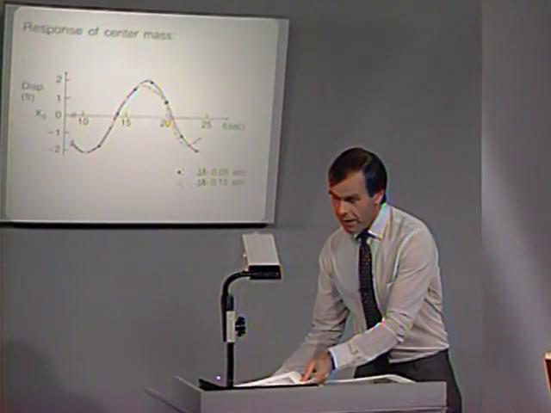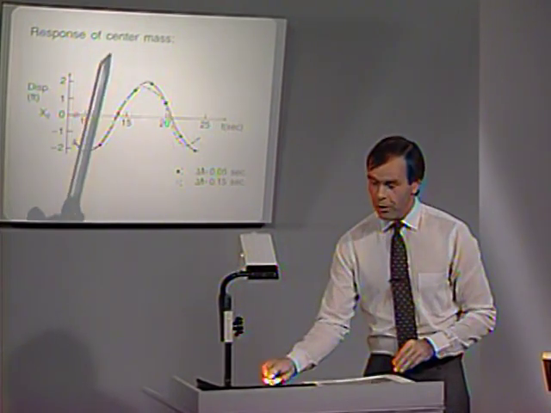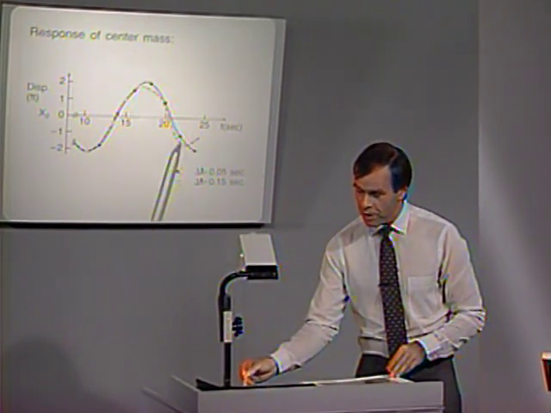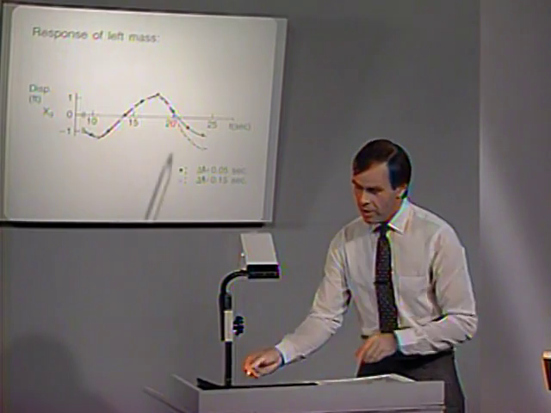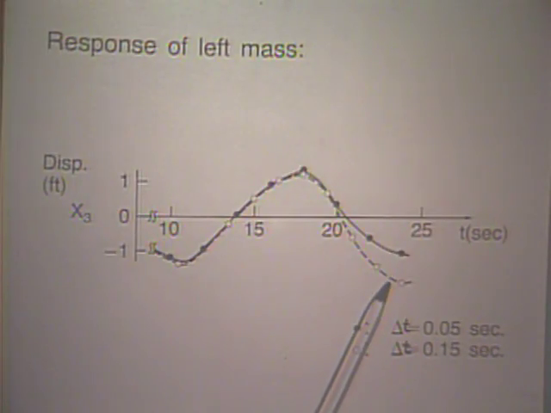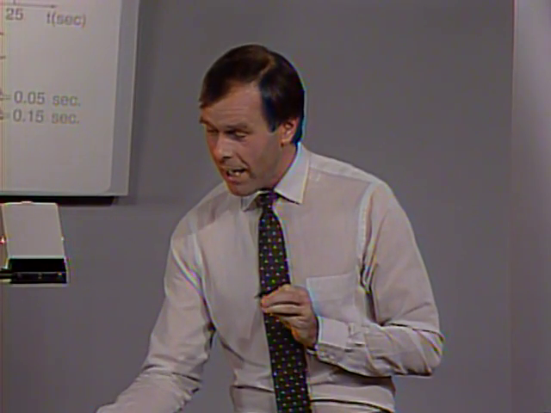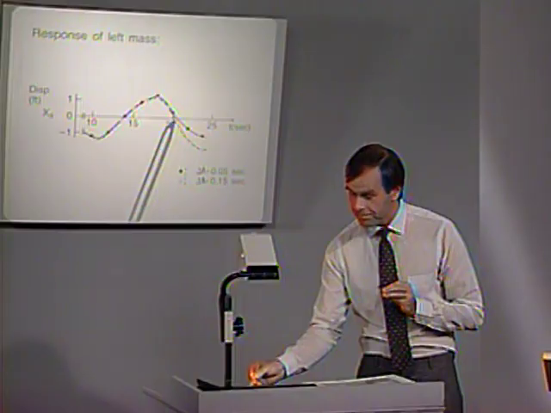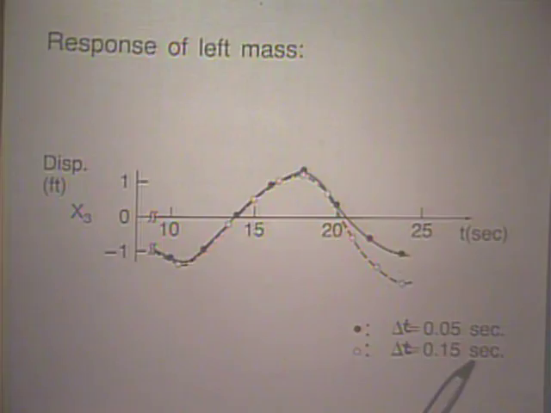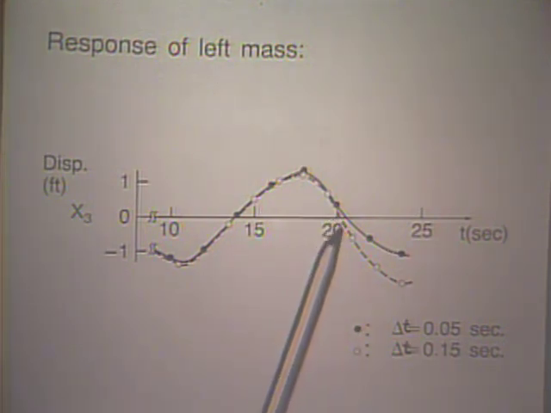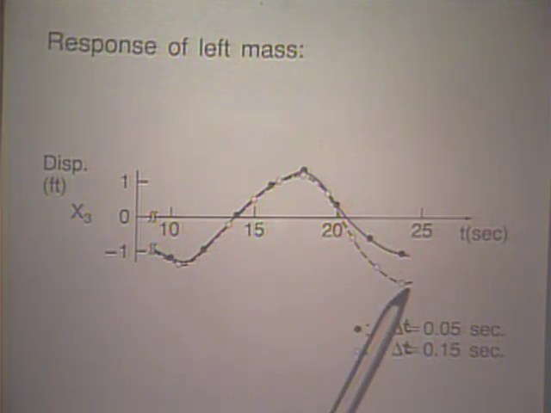If we look at the response of the center mass, there are more differences in displacements. And if we look at the response of the left mass, in fact, we have even larger differences. But the important point is that if you only have this solution corresponding to the time step 0.15 seconds, which is larger than the critical time step, you would certainly not expect that this solution was unstable.